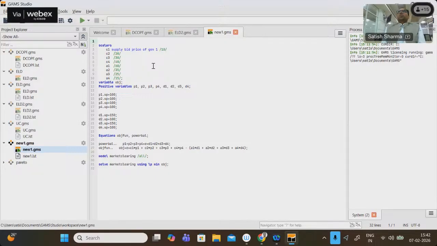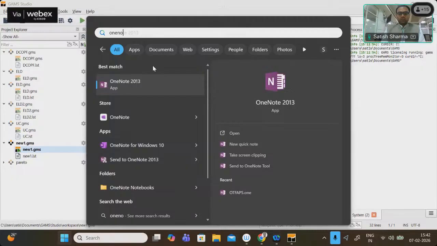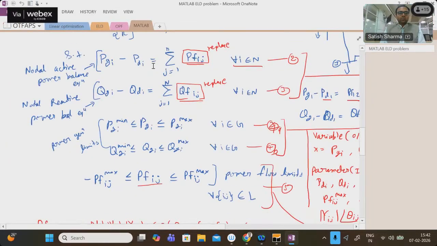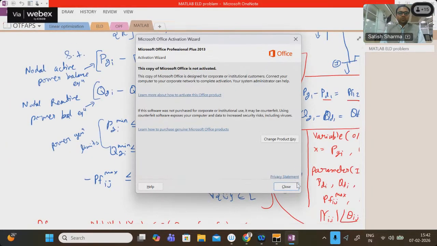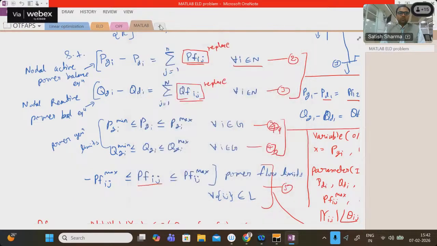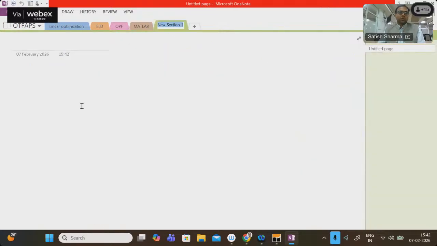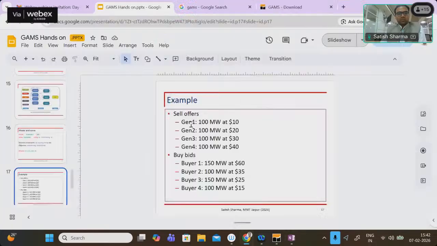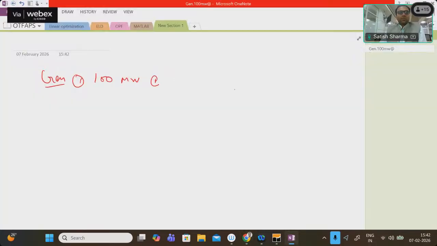So in this particular problem, some generators are there, each offering 100 megawatt. Generator one is offering 100 megawatt at the rate of 10.